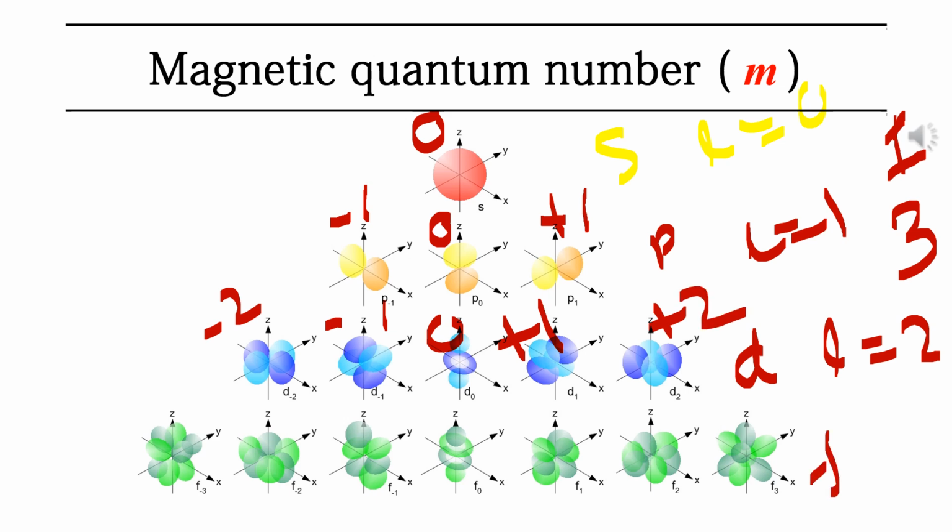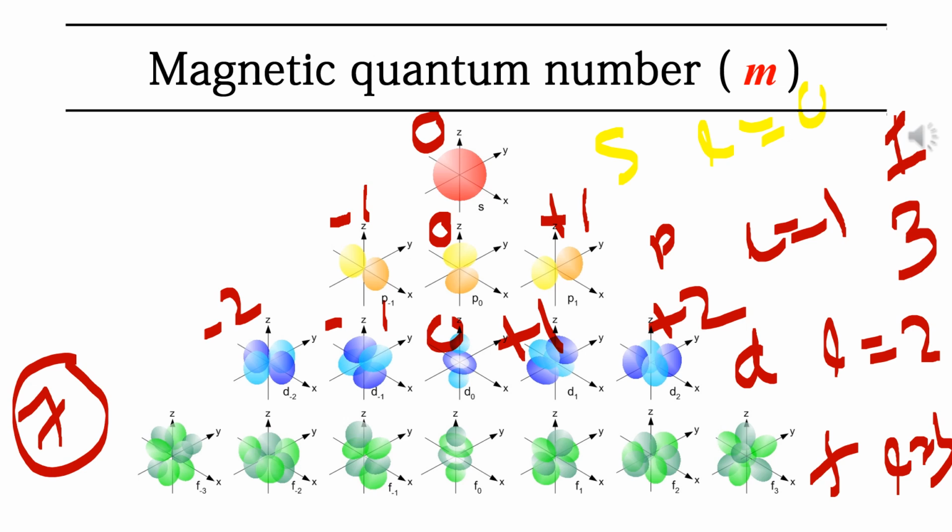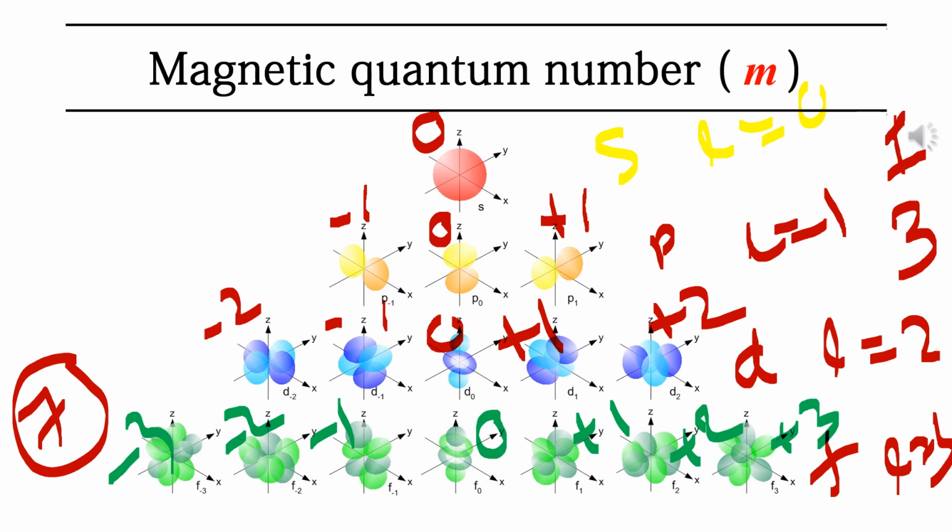Similarly, for f orbital, L is equal to 3, and therefore the number of orbitals that can exist is 7. These 7 we can give numbers 0, -1, -2, -3, and +1, +2, and +3. So those are the magnetic quantum numbers we have to consider.